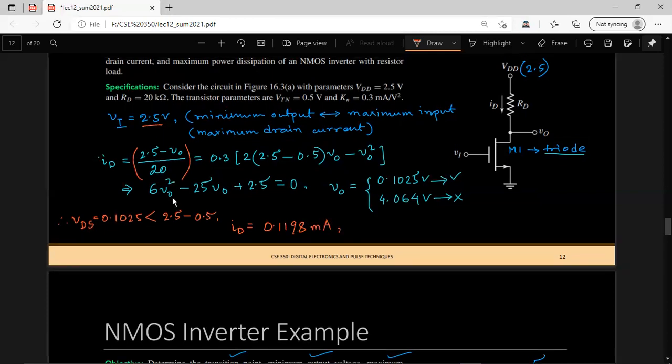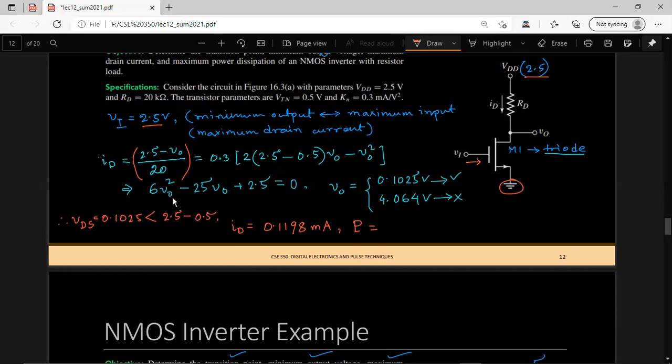And again, for the power consumption, this should give the maximum power dissipation for this NMOS inverter. So the power dissipation would be just the multiplication, because the current is flowing from the 2.5 volt supply to ground, and there is no current flowing through the gate terminal.